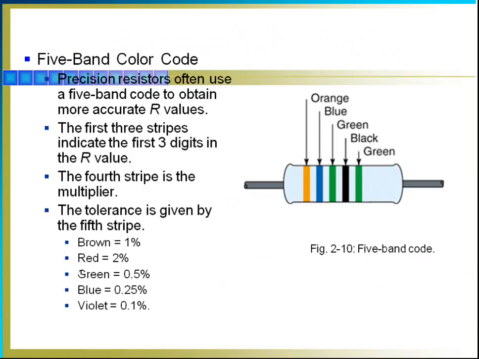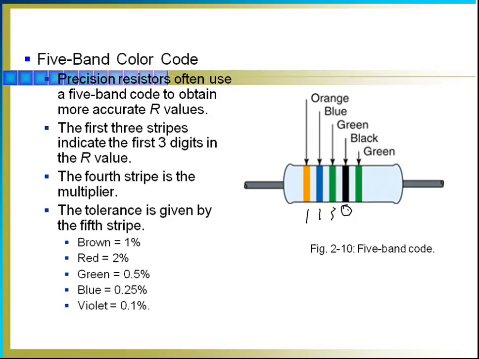Now, metal film type resistors, we're going to have more stripes because their tolerances are much tighter. So you got your first number, you got your second number, you got a third number, then you have the multiplier band.